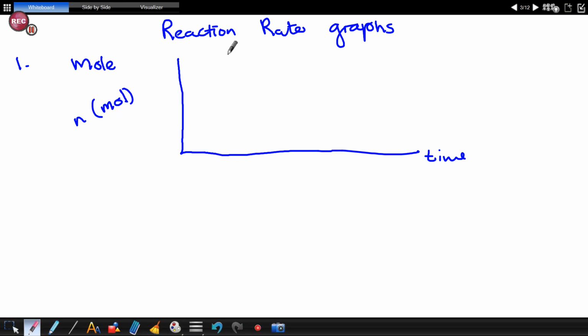Let's do my favorite, the Haber-Bosch process. 3 hydrogens and nitrogen will give you 2 NH3. Okay. So what will happen?